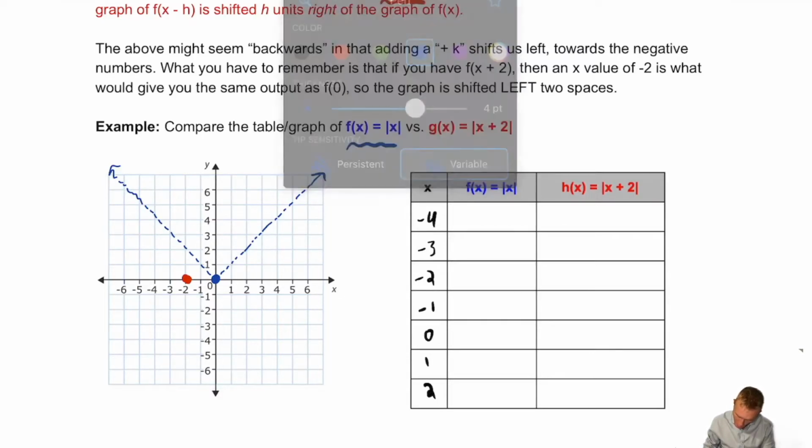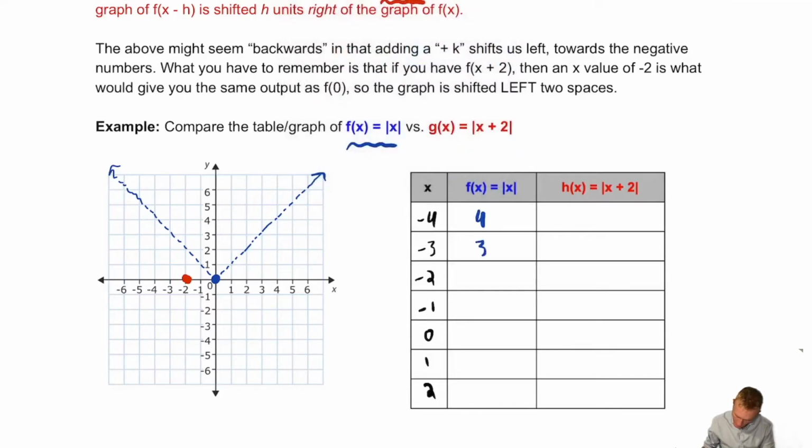If we were to just do our normal absolute values, that would give us 4, 3, 2, 1, 0. I've already graphed this, so just doing that quickly. If we do the absolute value of x plus 2, so now I'm taking these x values and plugging them in here, -4 plus 2, -2, absolute value makes it +2.